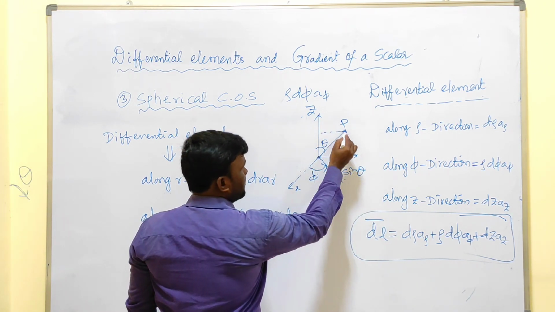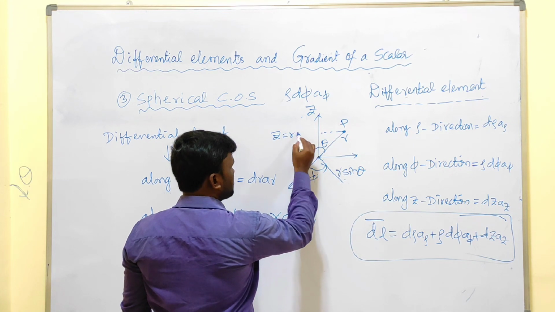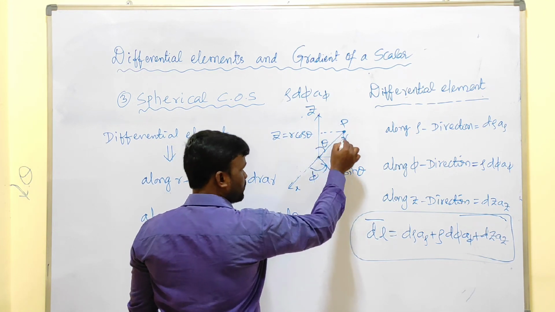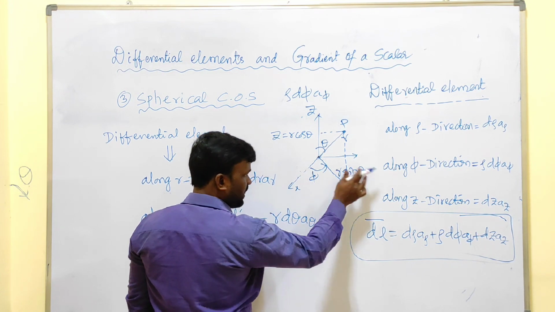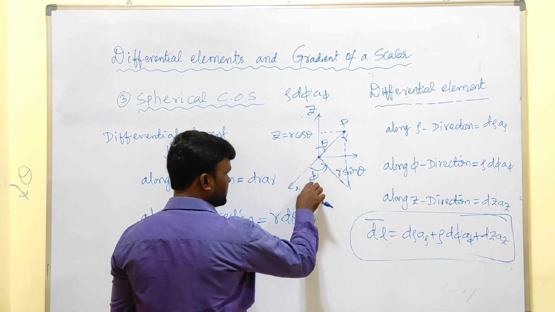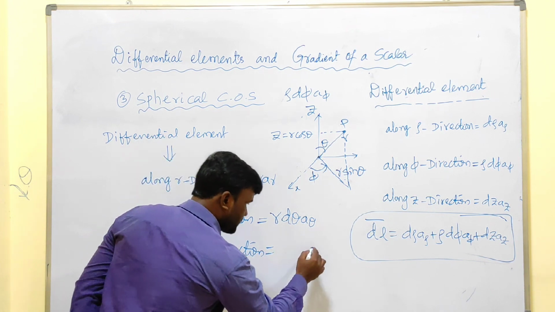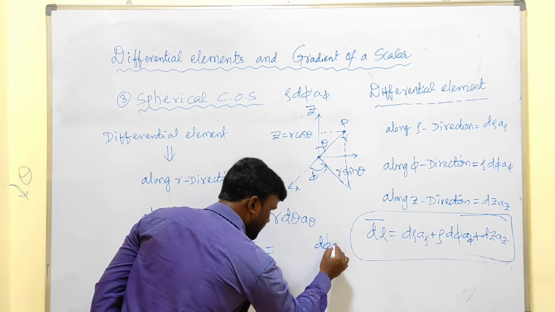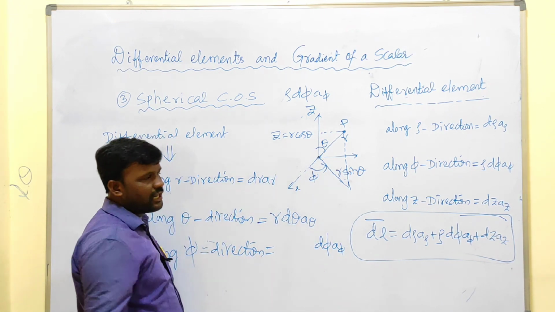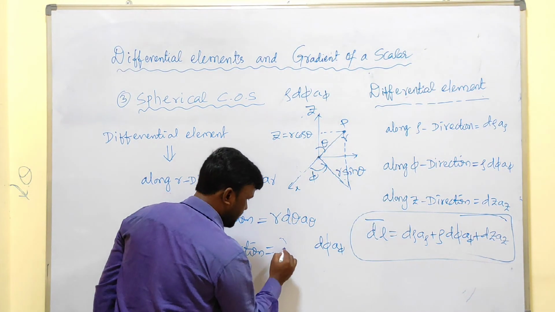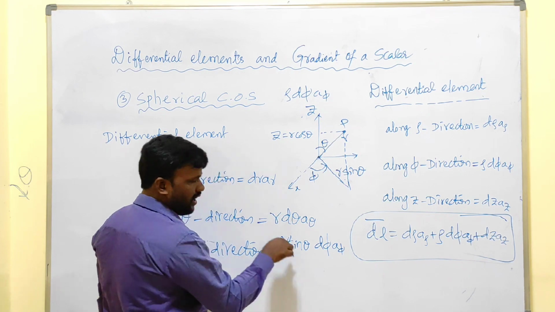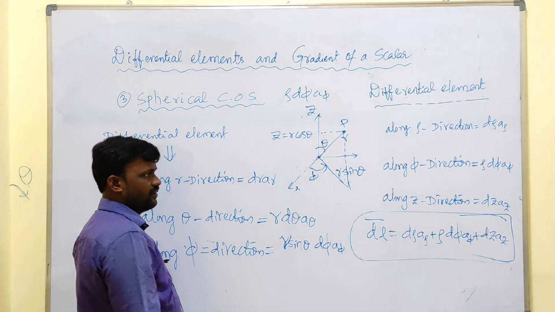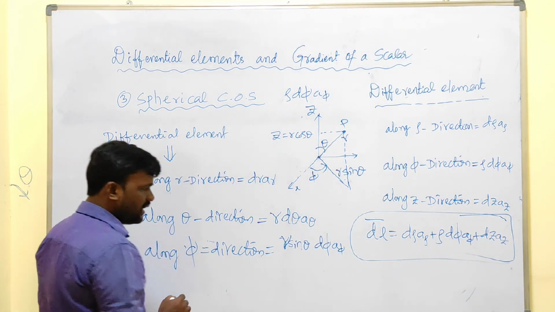If it is projected on z axis, z equals r cos theta, already we discussed. If it is projected in xy plane, that is r sin theta. This r sin theta is making an angle phi, so the differential element along phi direction is d phi into a phi, but it should be multiplied by r sin theta, because that angle phi is the angle made by r sin theta.